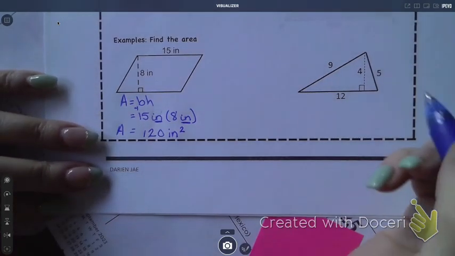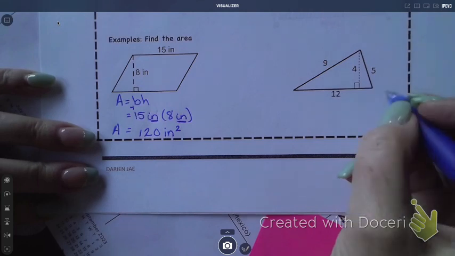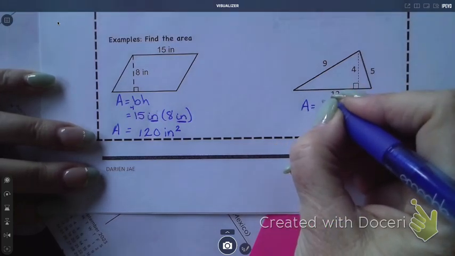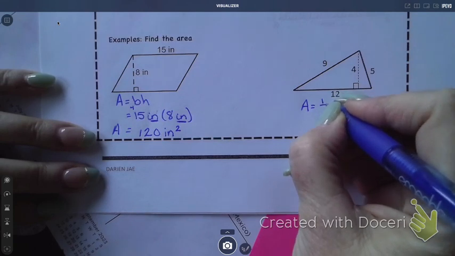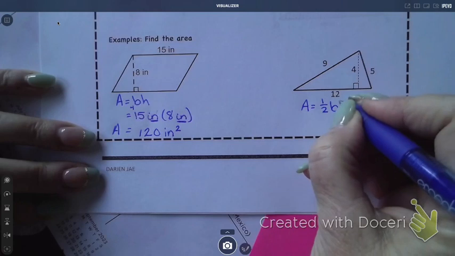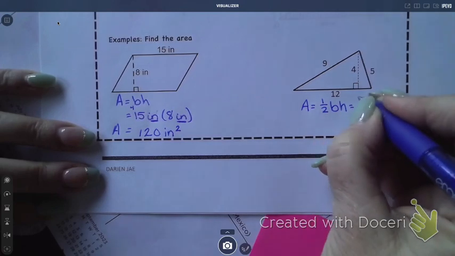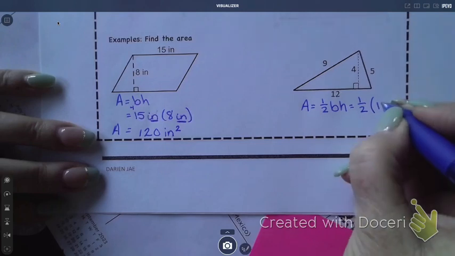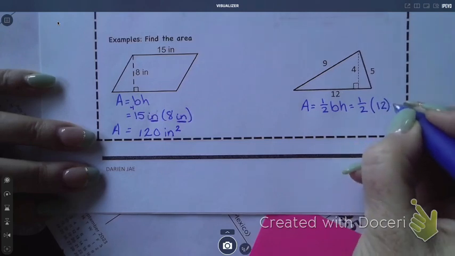So what's my next shape? A triangle. So the triangle area is what? Nope. 1/2 base times height. So 1/2. And what's the base? 12. And the height is 4.